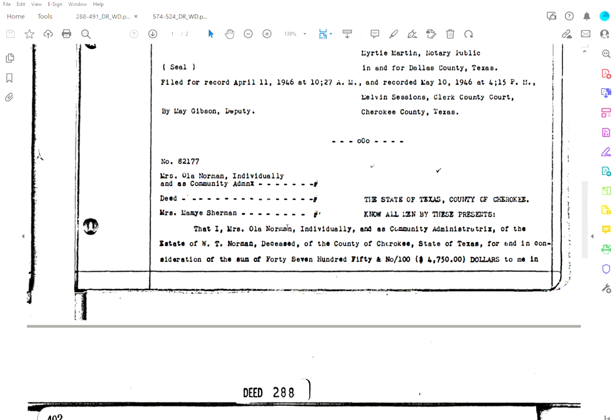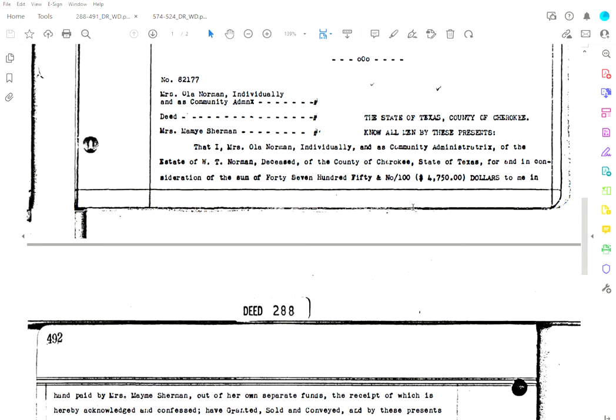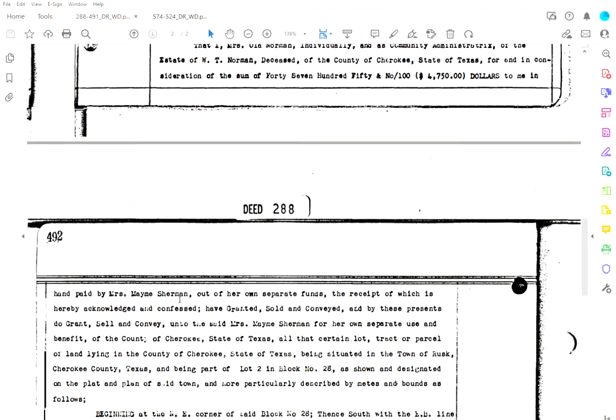And so here, Mrs. Ola Norman, she individually and as community administratrix of the estate of W.T. Norman, deceased, she sells to Mrs. Mamie Sherman, paid for by Mrs. Mamie Sherman out of her own separate funds. This right here shows that this was Mrs. Mamie Sherman's sole and separate property.